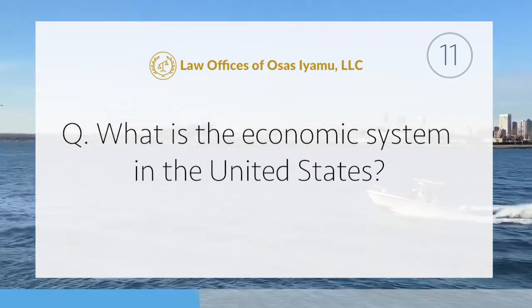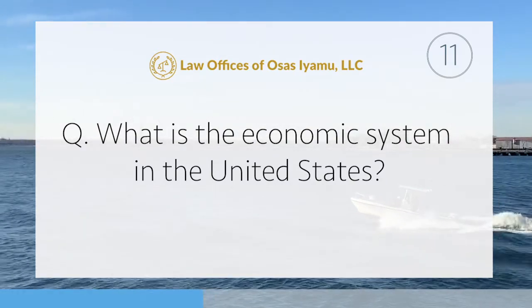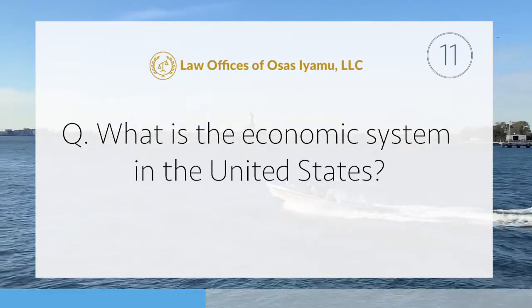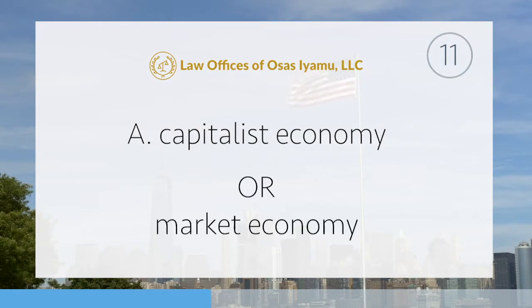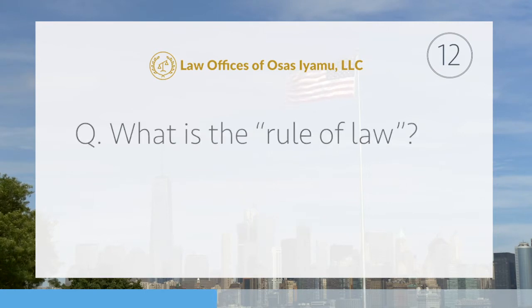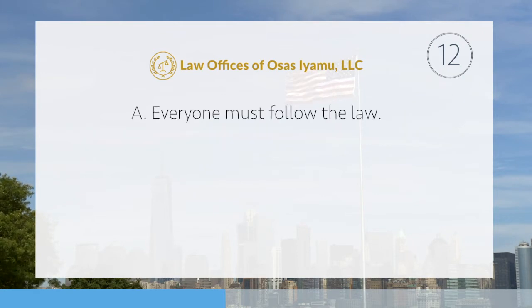What is the economic system in the United States? Capitalist economy, market economy. What is the rule of law? Everyone must follow the law.